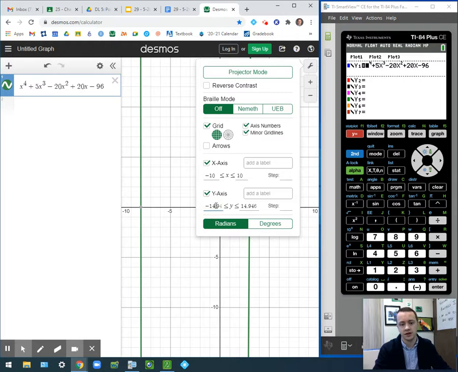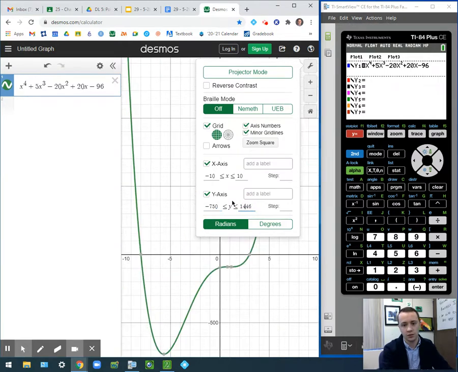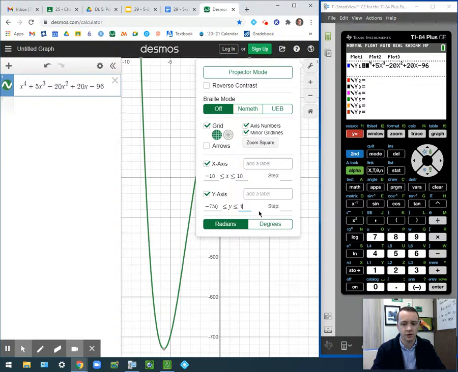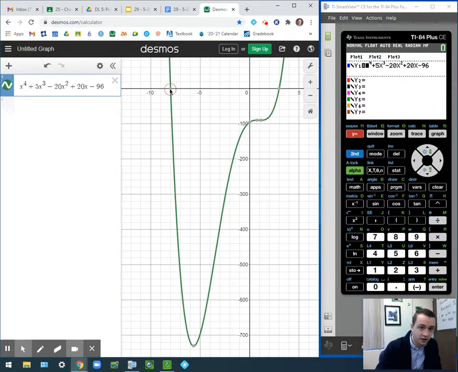So let's change it to that -750, I think is what we picked. And then we had 100 here. So just wanted to show you that that's the same as what it looks like on the graphing calculator. And so then you can literally just click here, and there are your two x-intercepts. The x values are the parts that we really care about.